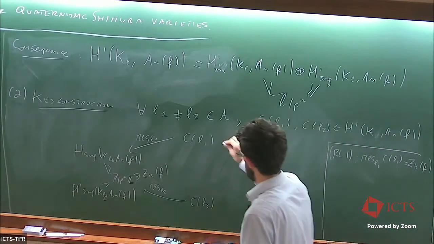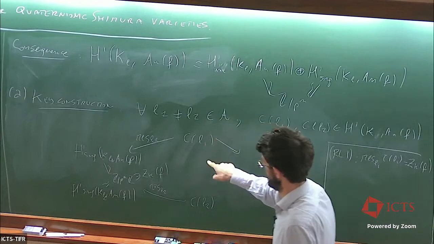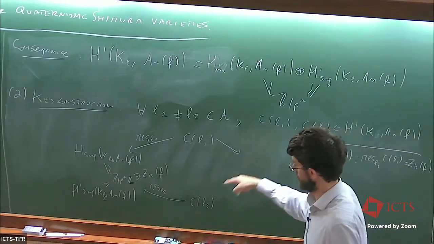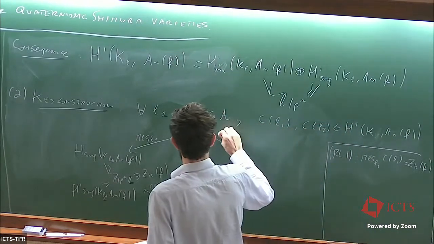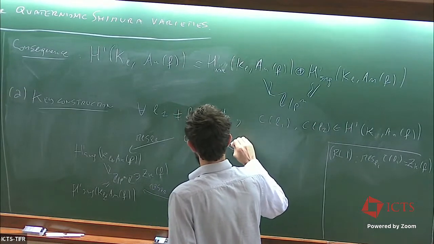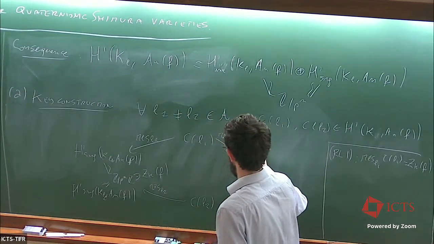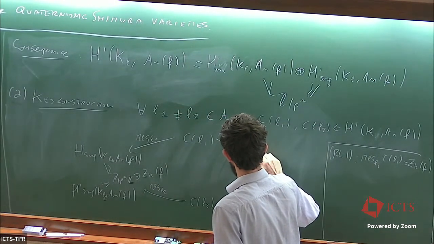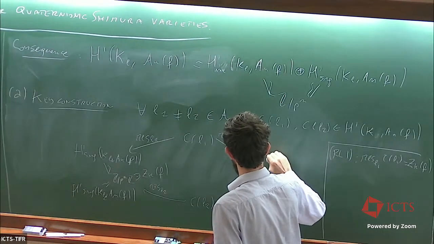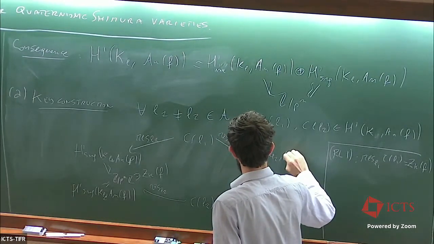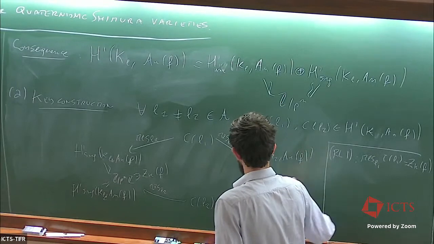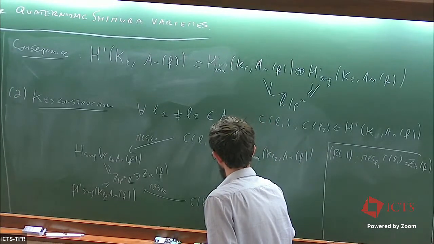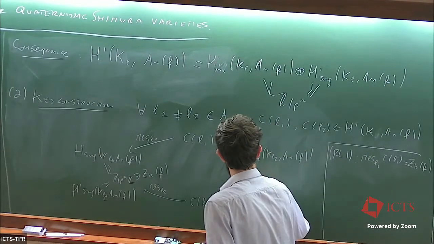And the second one tells you what happens if you localize, or if you restrict C of L1 at L2, and same thing here. So if you restrict at L2, you will end up in the unramified part. And similarly here, you restrict this at L1.